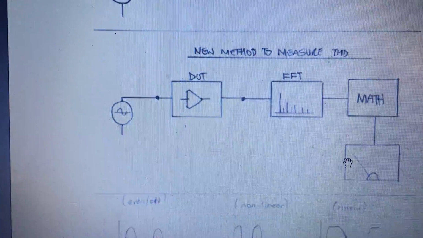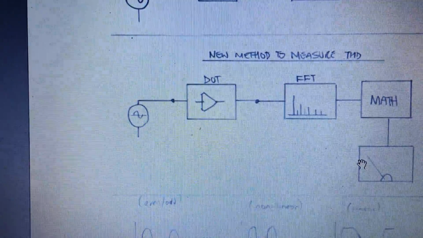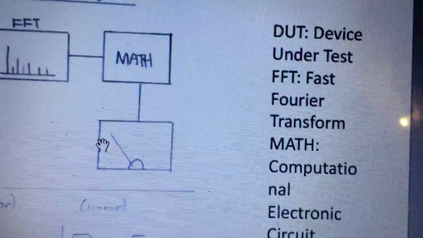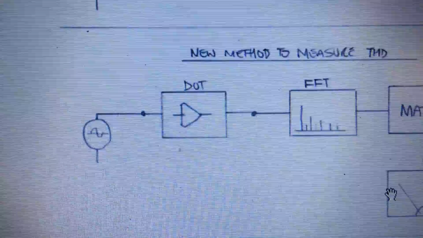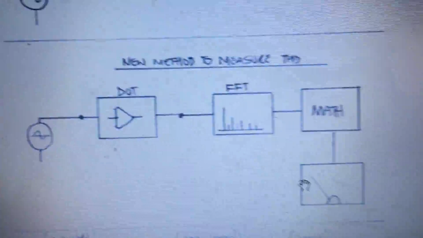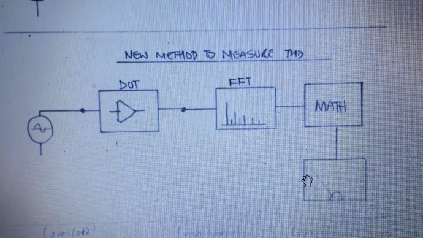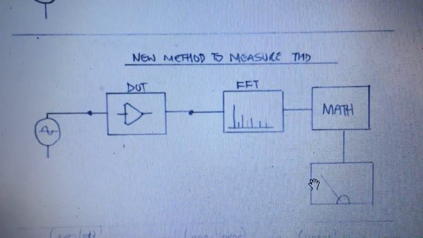Now DUT is device under test, FFT is fast Fourier transform, and the math block is for computation. If you look at the new method of measurement, it involves two blocks in addition.